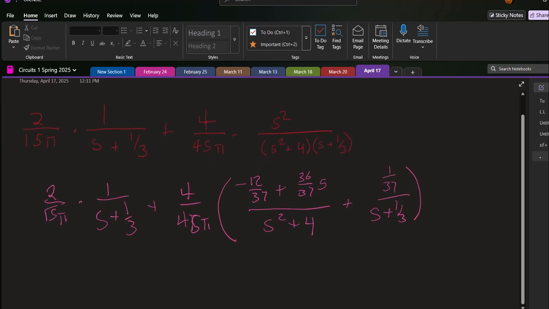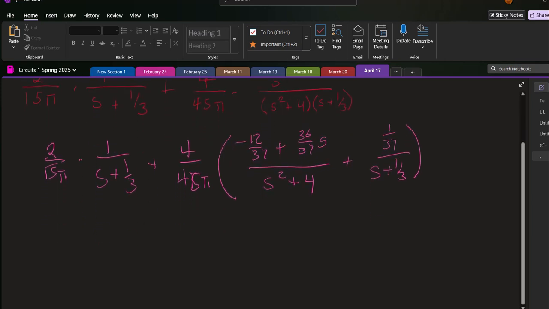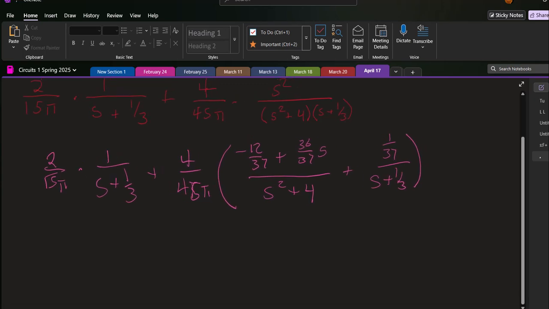Okay, so it looks terrible. It's actually not as bad as it looks. It's almost ready to take the inverse Laplace transform of.